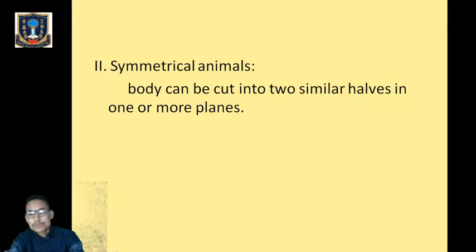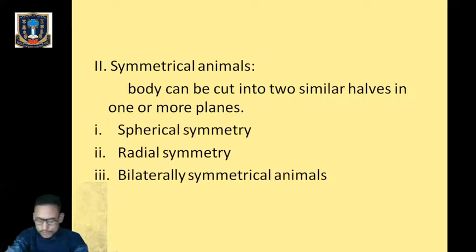On the basis of symmetry, we have three types: spherical symmetry, radial symmetry, and bilateral symmetry.